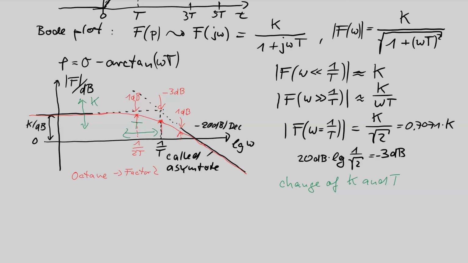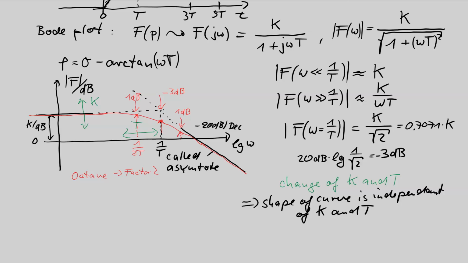So the shape of the curve is always independent of k and t.